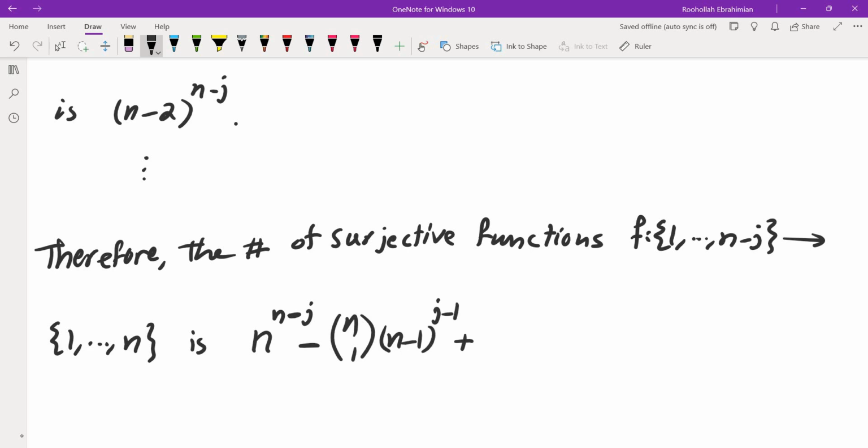Then we have to add back the ones where 1 and 2 are not in the range, because the ones where 1 is not in the range have been subtracted once. The ones where 2 is not in the range have also been subtracted one more time.